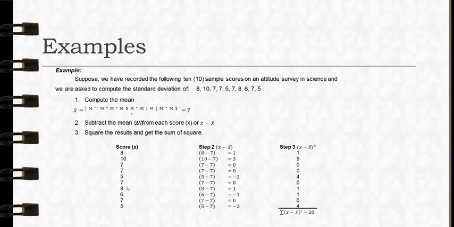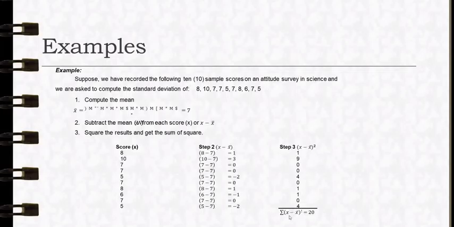Then you list the scores in the first column. Step 2, subtract all these scores by 7, that is x minus x bar. Then the last step is to square those values to get rid of the negative numbers. You square all those differences, and after you square, you get the sum of this column.